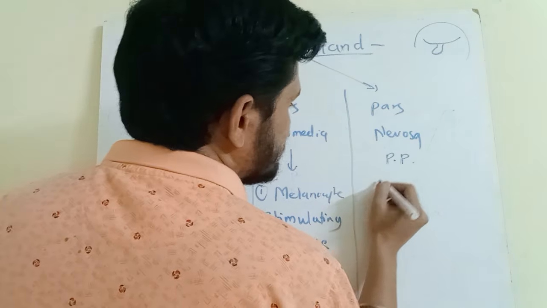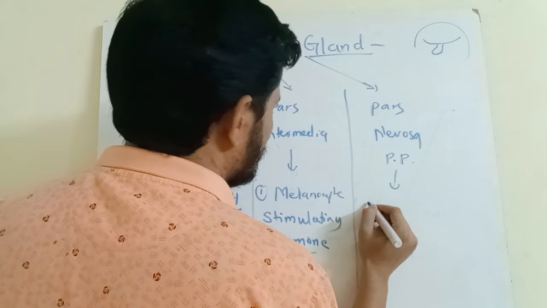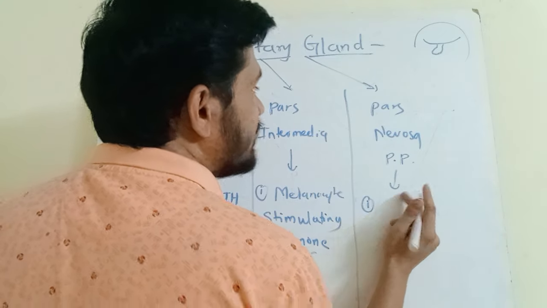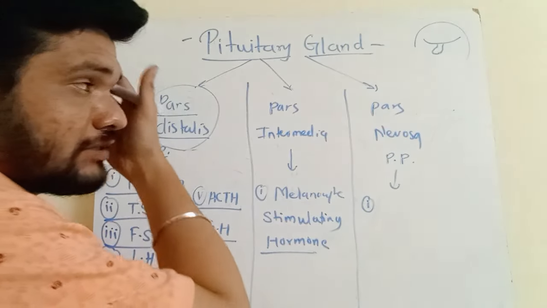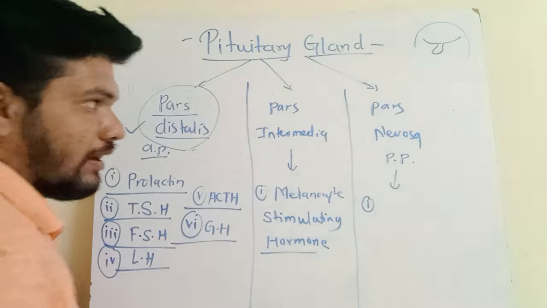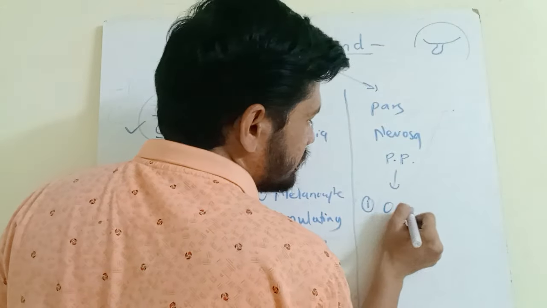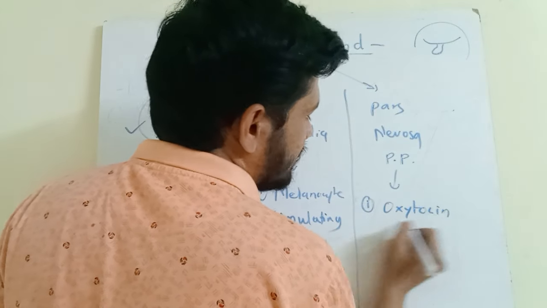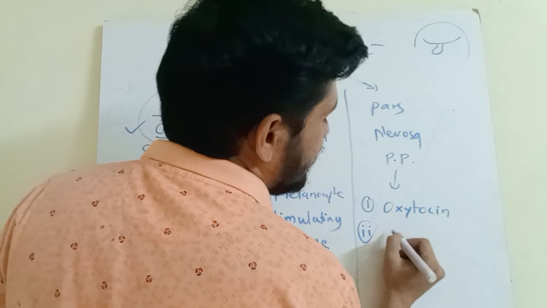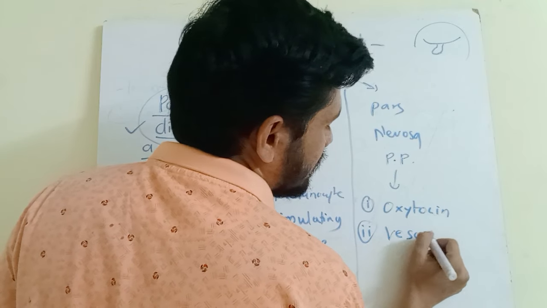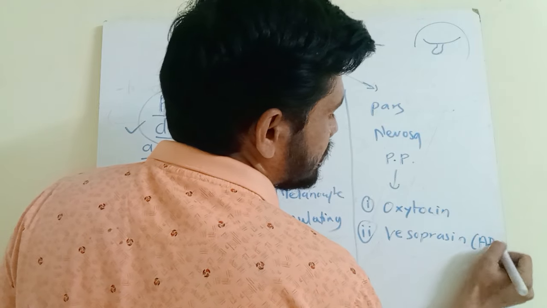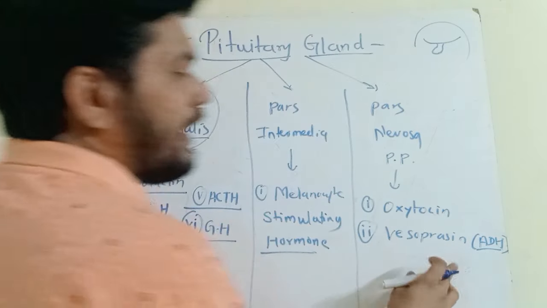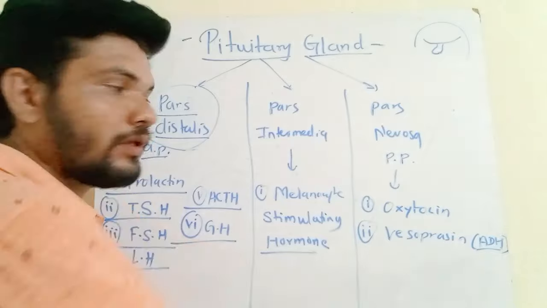The pars nervosa secretes two hormones which are basically produced by the hypothalamus but secreted by the pars nervosa: oxytocin, and second, vasopressin, also called ADH, antidiuretic hormone.